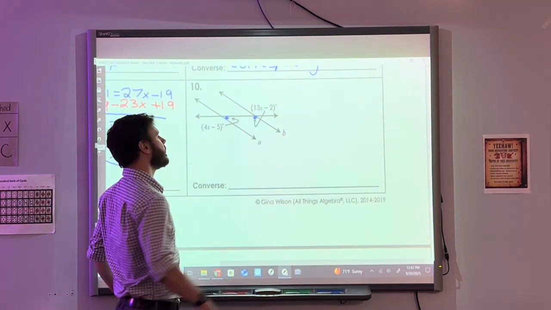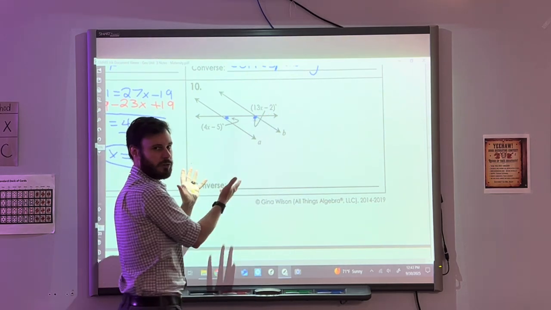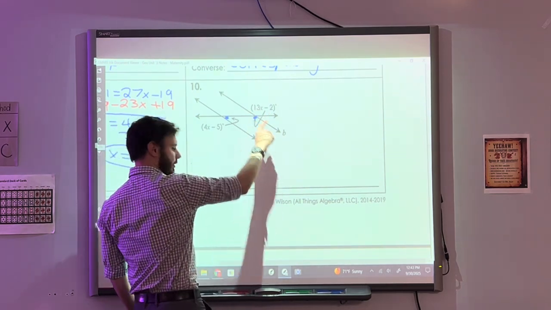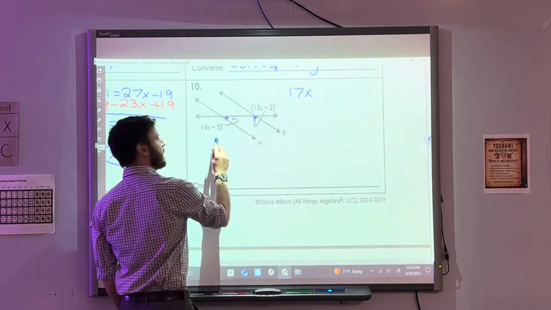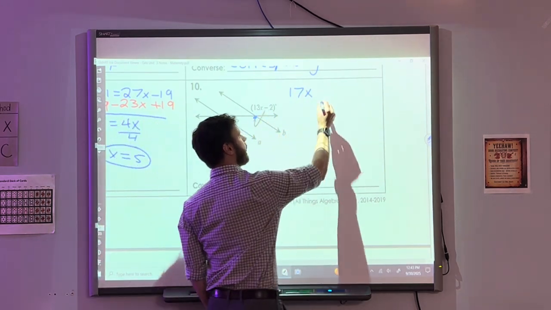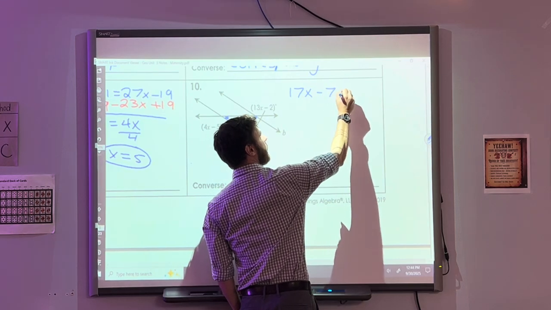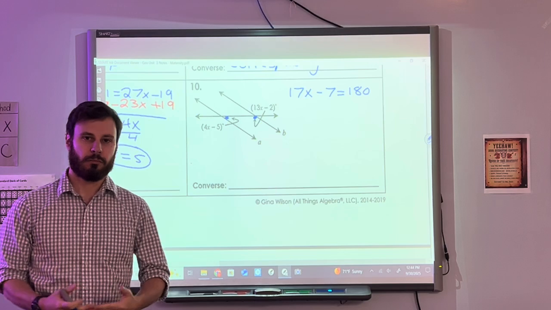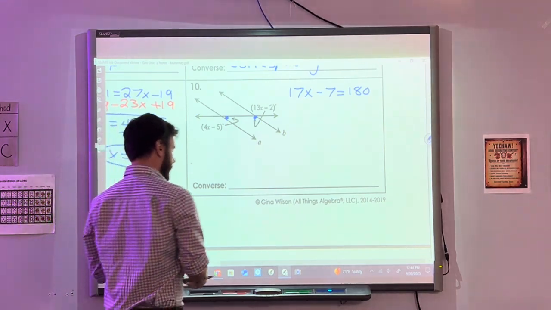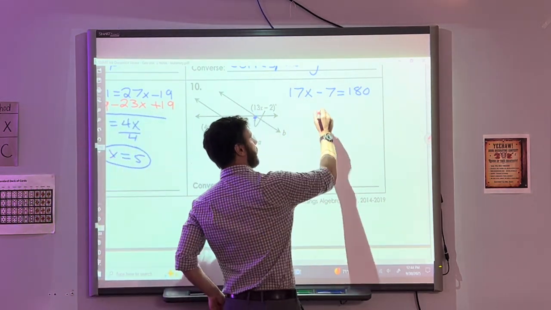But if I know that I'm gonna combine like terms already, why wouldn't I just go there? 4 x's and 13 more x's gives me 17 x's. -5 minus 2 more, minus 7. I've already combined them. I combined them in one step. And now I can just go ahead and solve for x like normal.